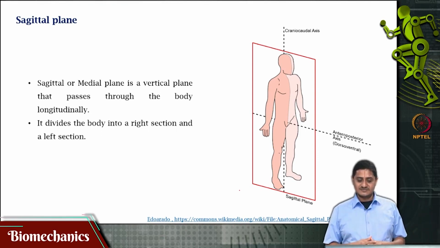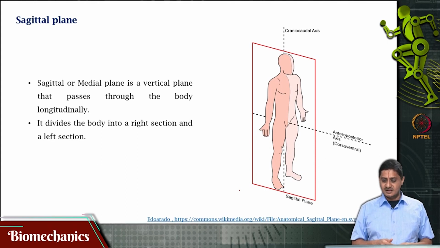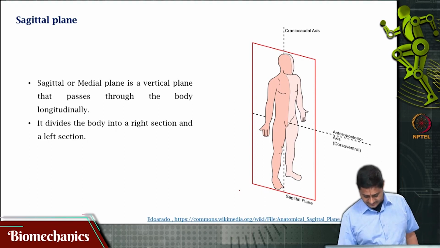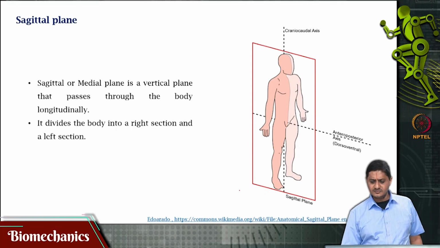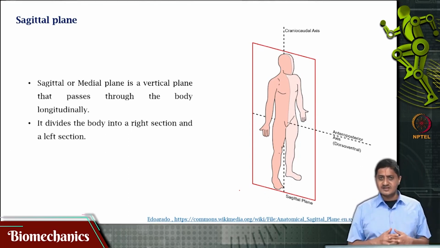And the axis that passes from the top to the bottom, or from the head to the tail, is called the craniocaudal axis, and the axis that passes from the front to the back is called the anterior posterior axis. Now, the question is, what would be an axis that would be perpendicular to the sagittal plane?